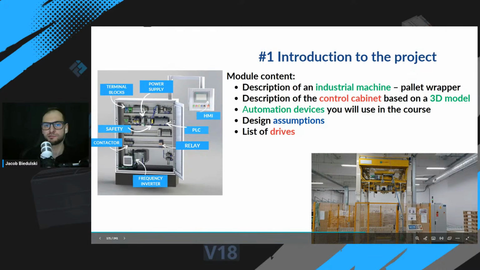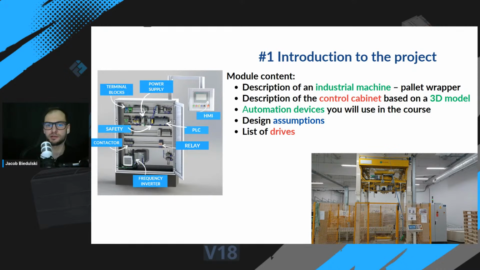So we'll start with an introduction to the project, description of an industrial machine, pallet wrapper, a description of the control cabinet based on a 3D model, and we will go through all the devices that you will use in the course. We'll also take a look at design assumptions and the list of drives.